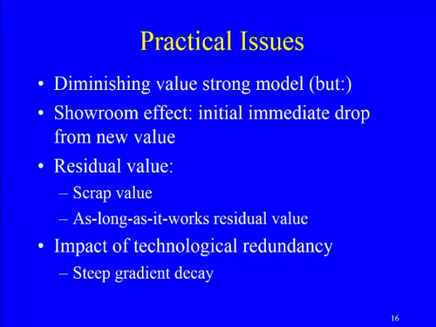We've already noticed what I'm going to call the showroom effect, and that is the initial immediate drop from new value once an asset is taken out of the showroom. And so we're going to have to look for that effect in the data and also devise ways of dealing with it mathematically. The second is the question of residual value.